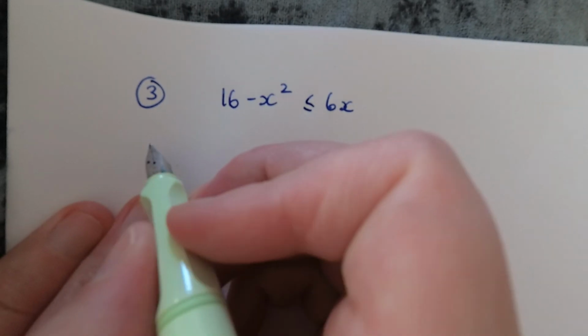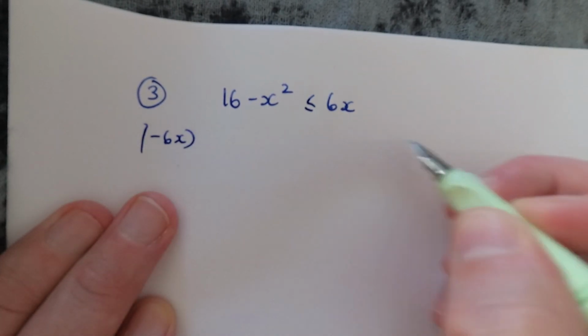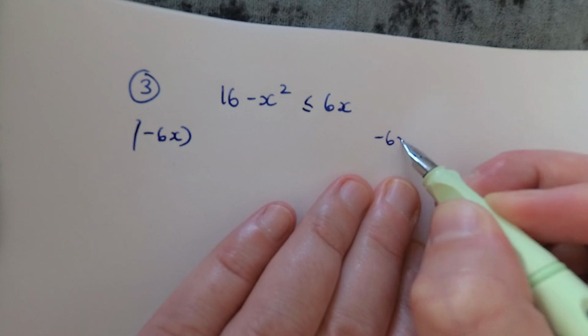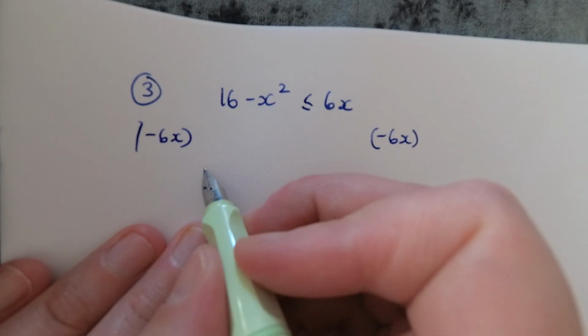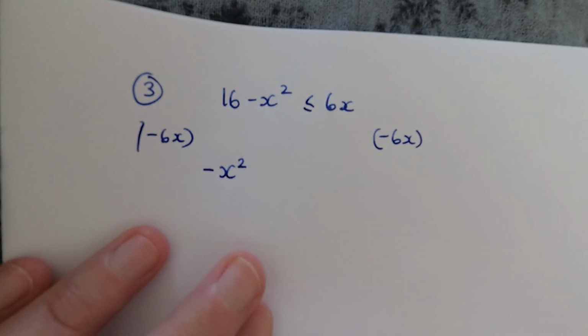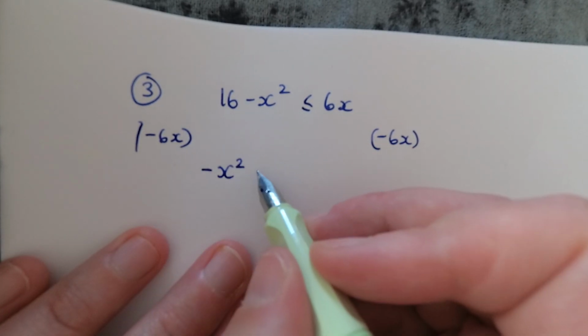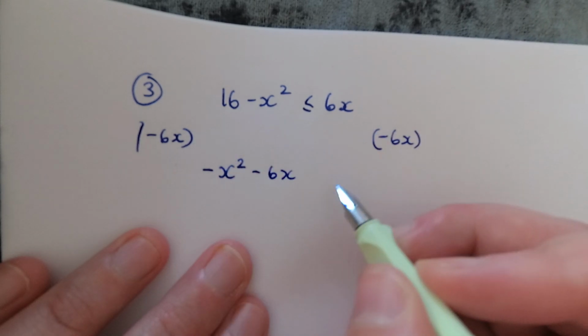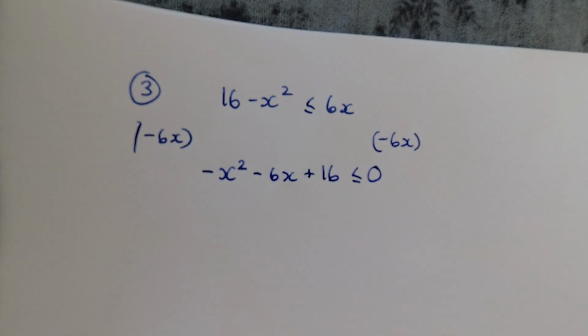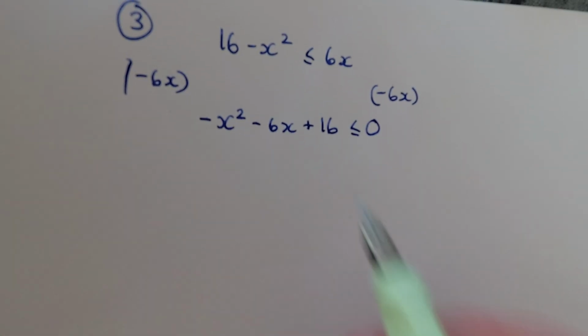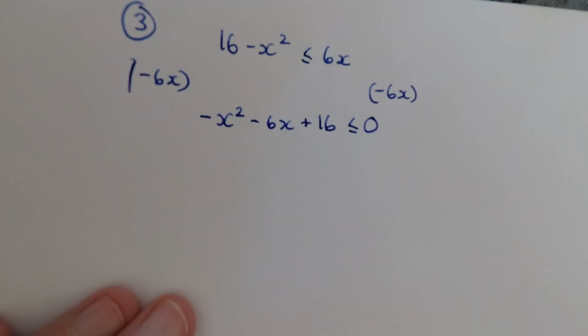So I'm going to start by taking away 6x from both sides to get the quadratic into the right form for solving. I'm going to put the x squared bit first just by convention. I'm going to have minus x squared, minus 6x, and we've got a positive 16, and that's less than or equal to 0. So now we have a better starting point.